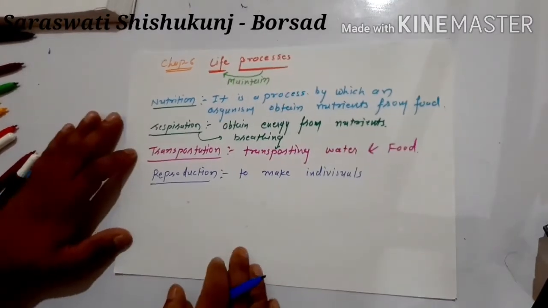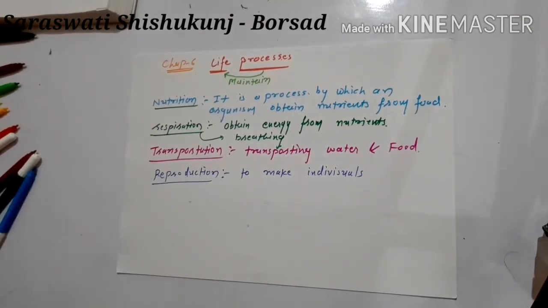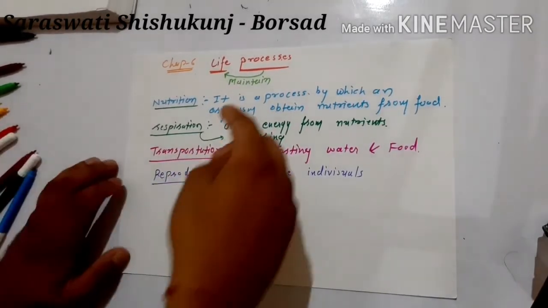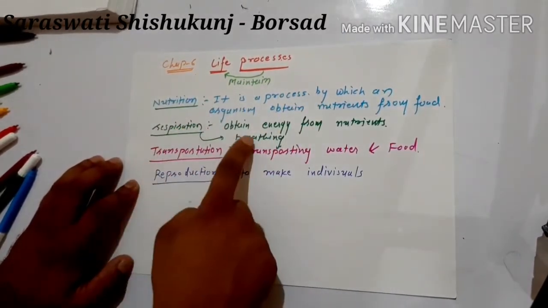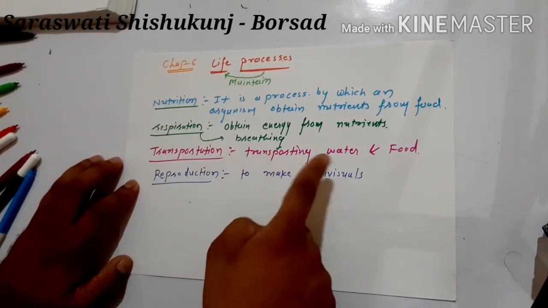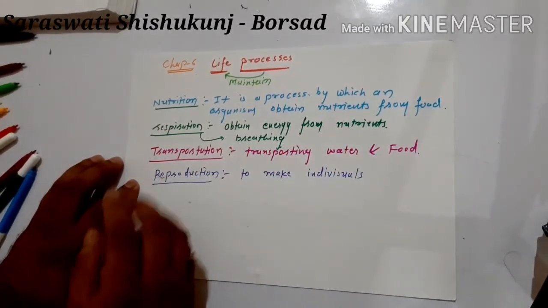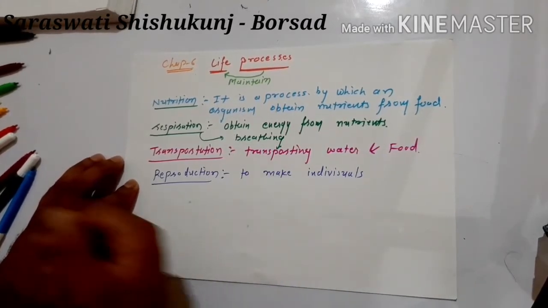To create individuals is very necessary. Okay, so these types of processes are very necessary in life processes. As we have gained nutrients, from that we are obtaining energy, that is transported, right? There will be transportation of water and food, as we form different individuals like us.